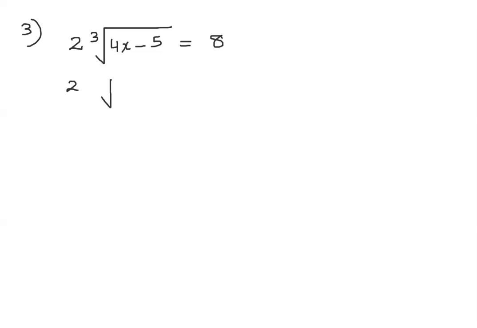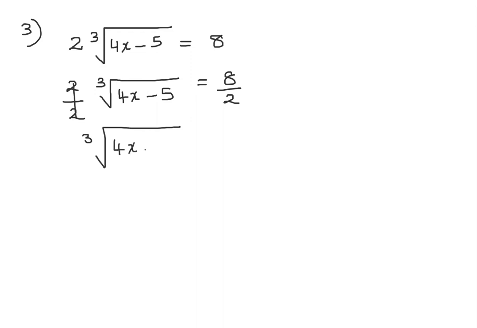We can do that by dividing both sides by 2. So we're trying to get rid of this 2. So we get cube root of 4x minus 5 equals 8 over 2, which is 4. Now we can get rid of the cube root by cubing both sides.